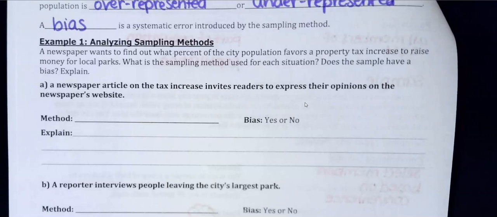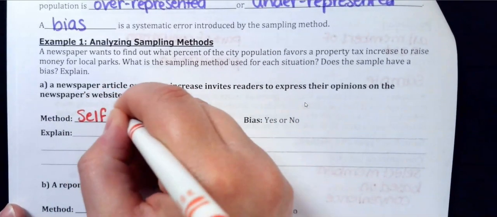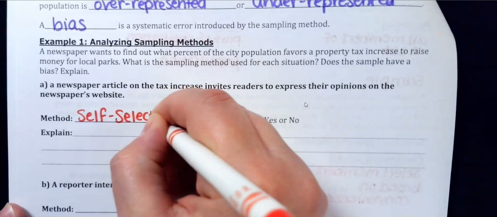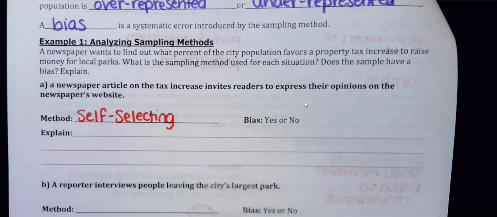It should be self-selecting, because the people are choosing to respond to the newspaper article. They're logging onto their computer, typing this up on their Word document or their PDF, whatever, uploading it, and responding to this on the newspaper's website.